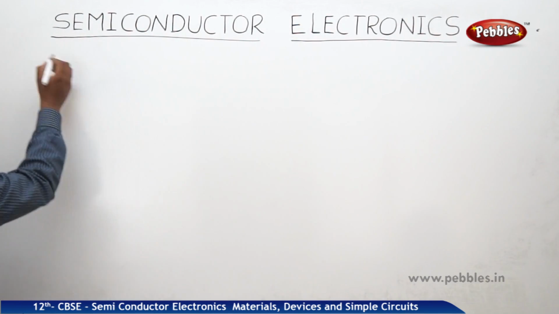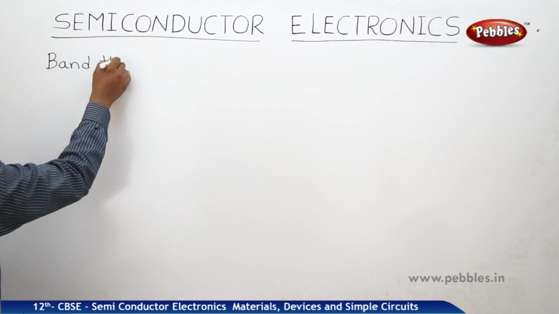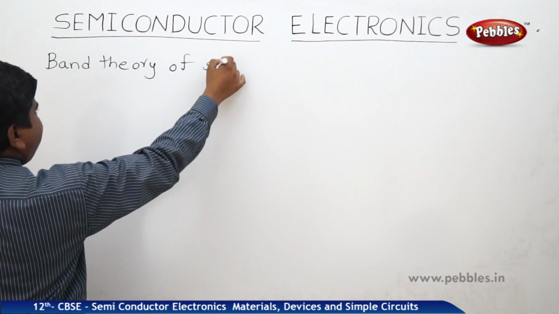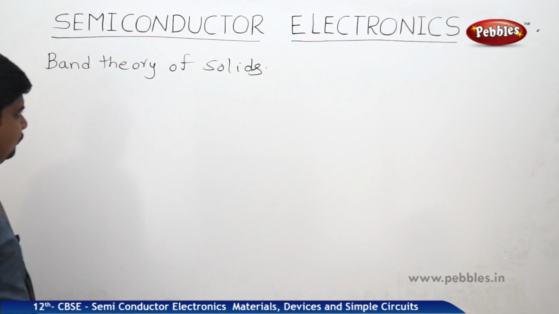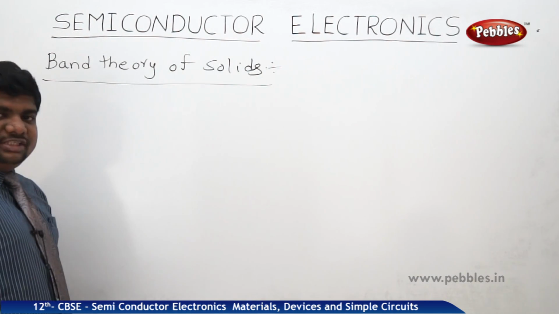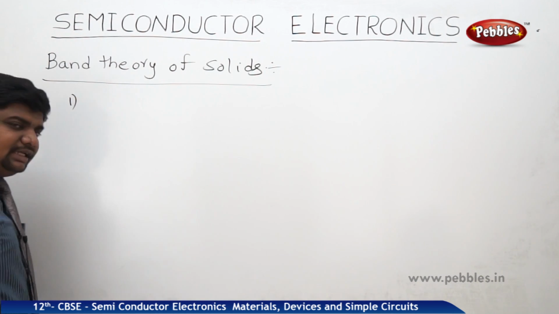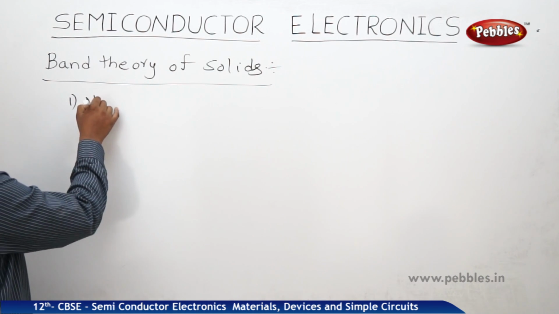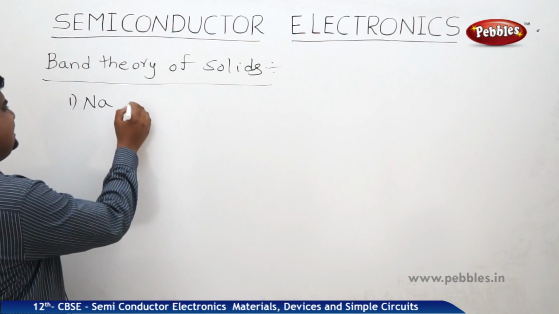So what is the band theory of solids? For this, we should see the electronic configuration in an atomic structure. Let us suppose sodium, one of the metals. Its atomic number is 11.